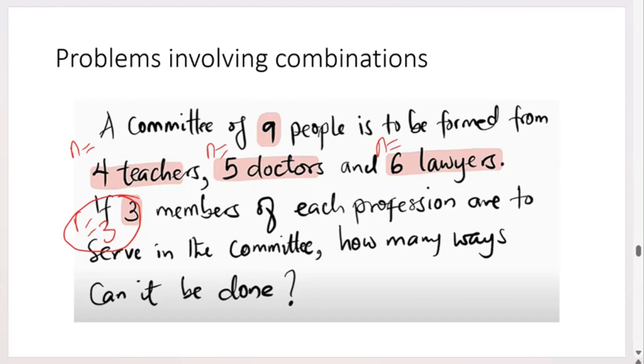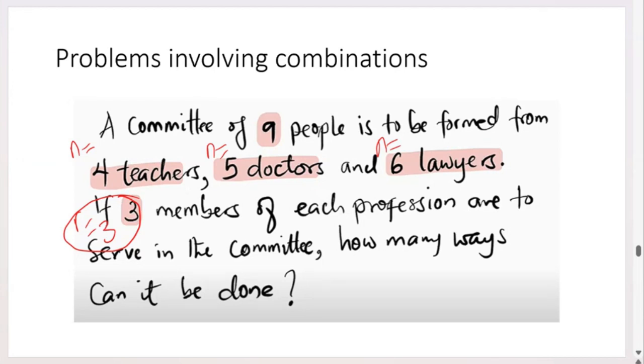You already know you're going to be using the combination formula because there's no order. From reading the story, I know I need to select 3 members from each profession. In the previous one, you had to select 2 girls and then 1 boy.